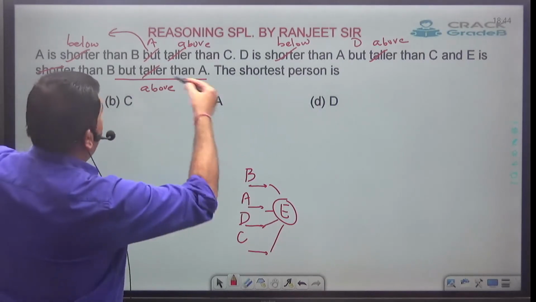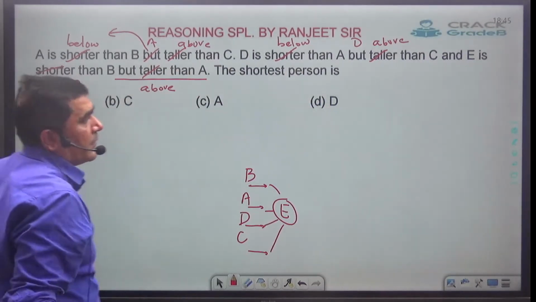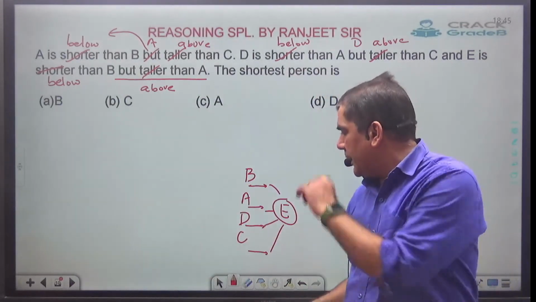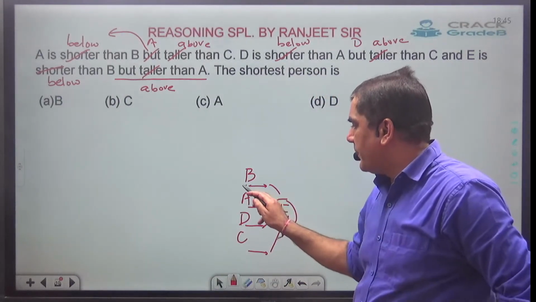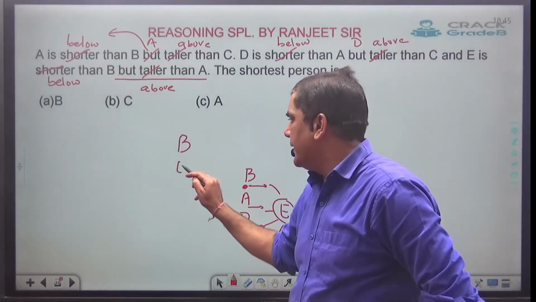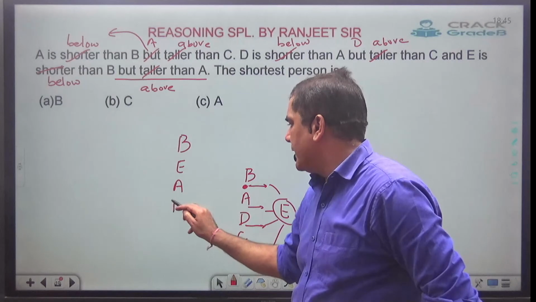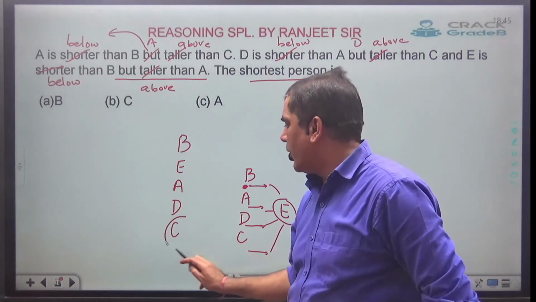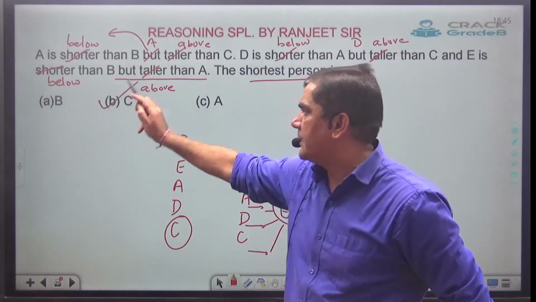But stands for E. So E will be above A, which means the only possible place is this one. So now my final diagram will be B, then E, then A, then D, and then C. The shortest person is C. The answer will be C.